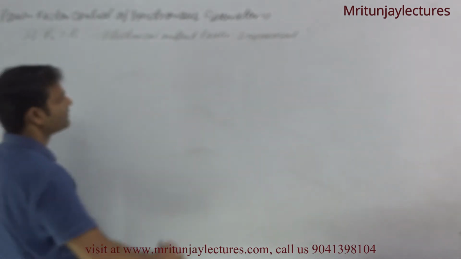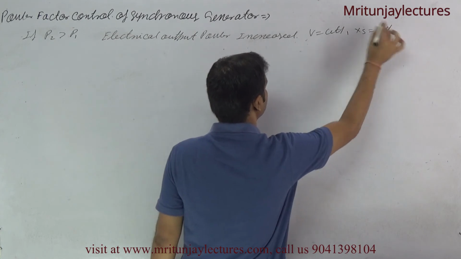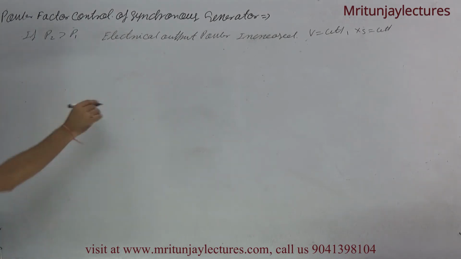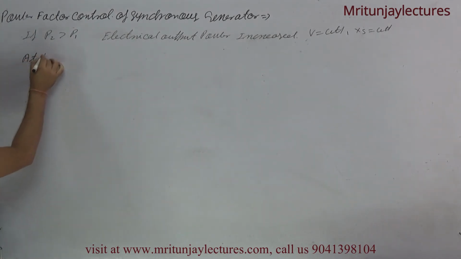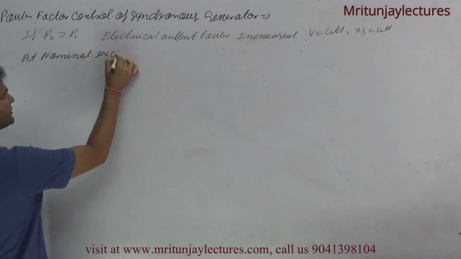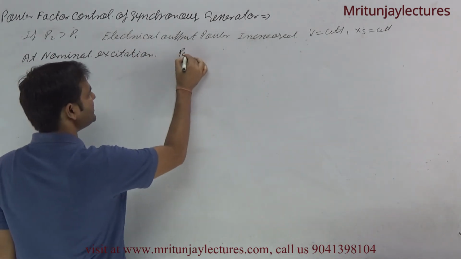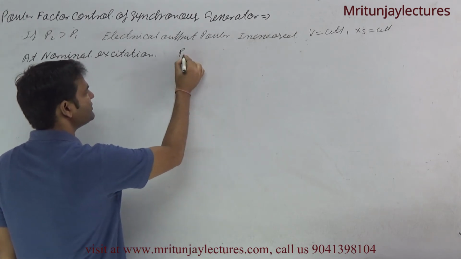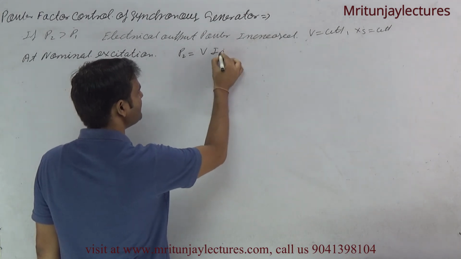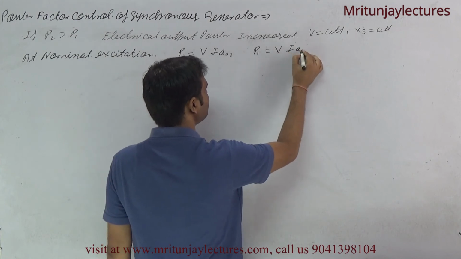Increase. Okay, but V is constant, and this one is also constant. Now at nominal excitation, P2 is written as V into IA02, and P1 is also written as V into IA01.